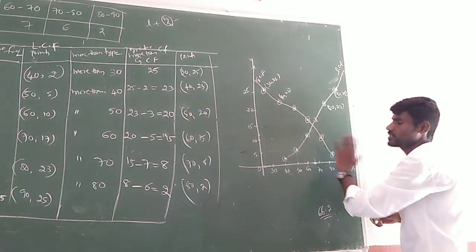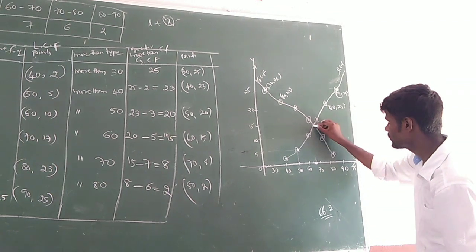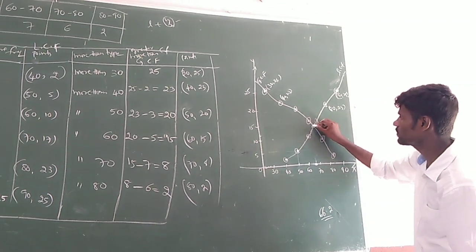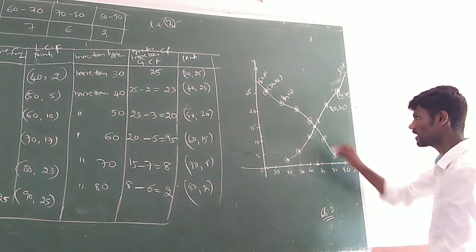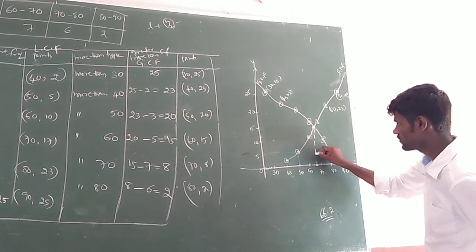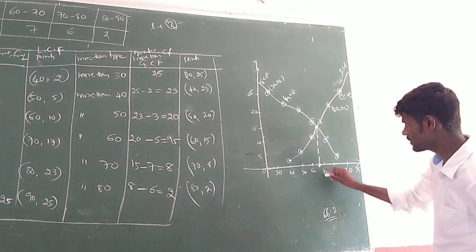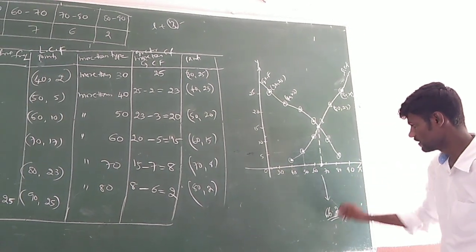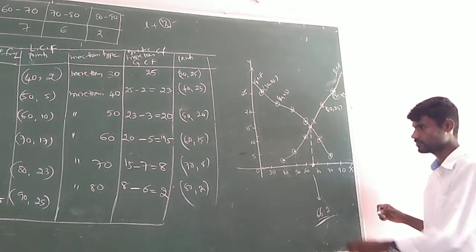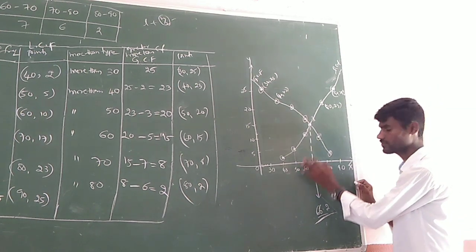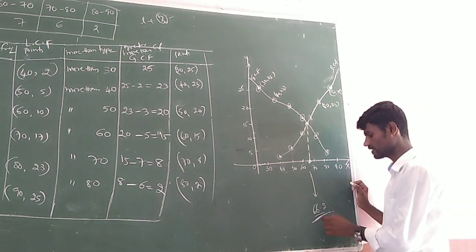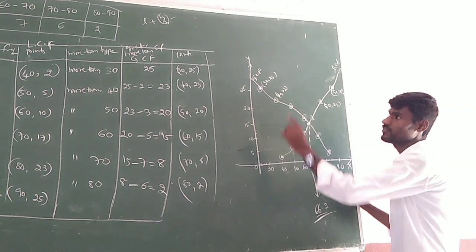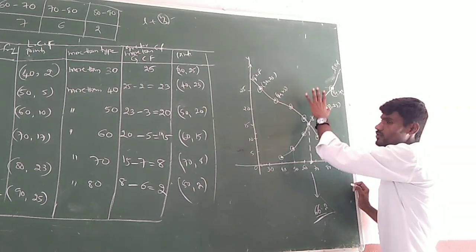After drawing both curves, both are intersecting at a point. So this is the point where both are intersecting. You take a perpendicular from where they intersect onto the x-axis. So see here, in between 60 and 70, same 66.2 for example. We can find the median with the help of two curves or a single curve also.